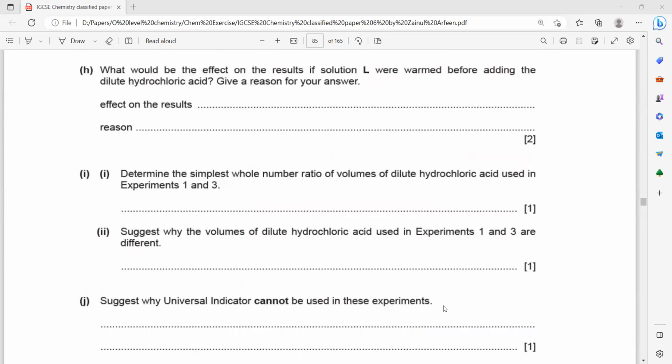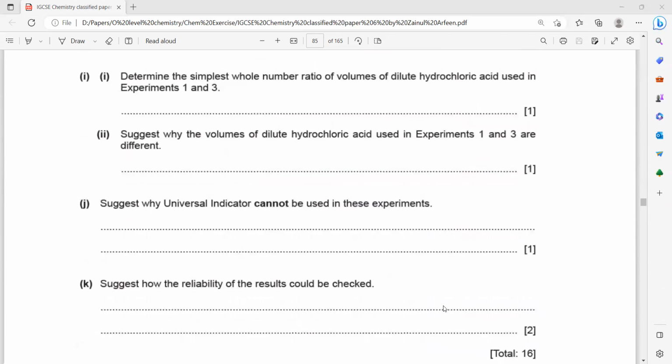And in experiment 3, it was 23.2. So the simplest ratio is 1 is to 2.